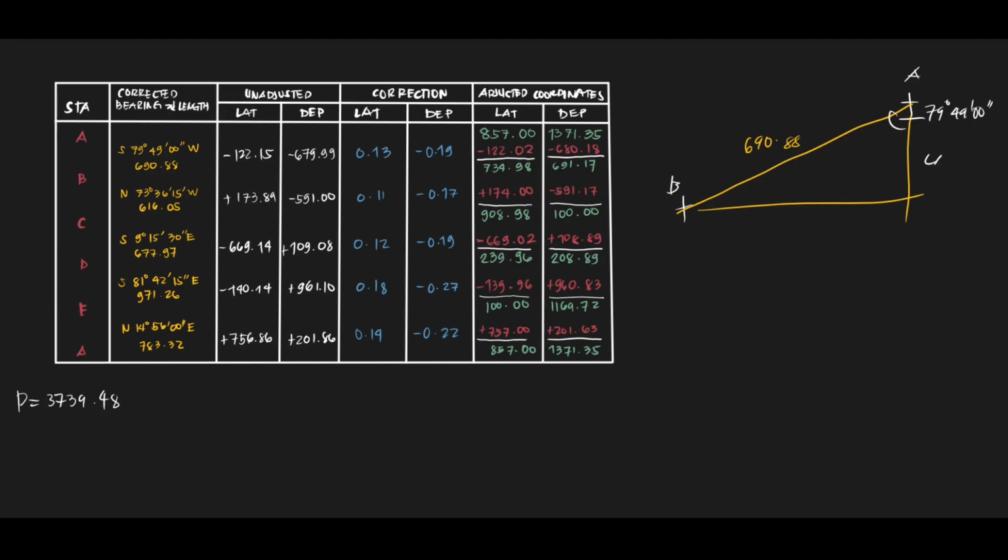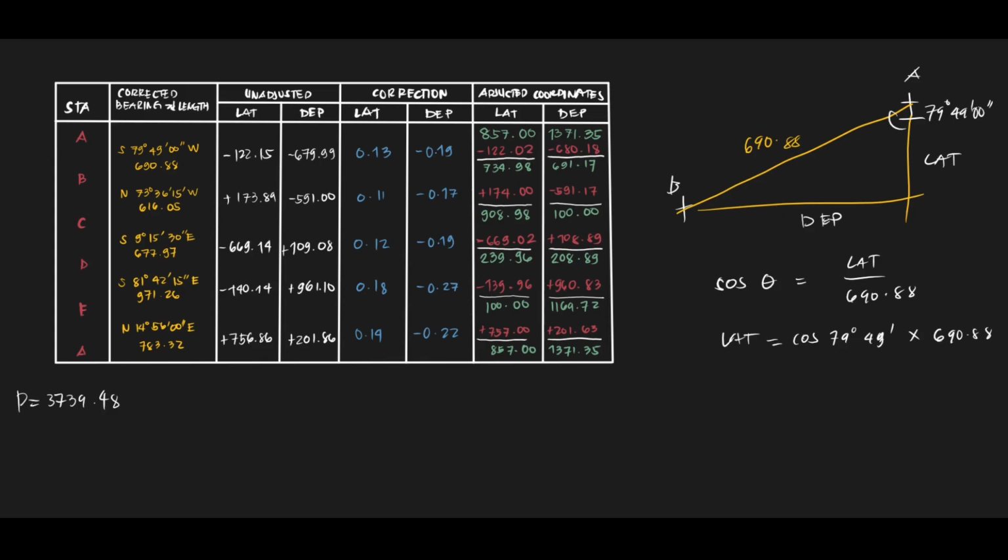So in order to calculate for the latitude and departure, we'll just use SOH CAH TOA. So in order to get the latitude, cosine theta is equal to latitude over hypotenuse, which is 690.88. So latitude, therefore, is equal to cosine 79 degrees, 49 minutes, multiplied by 690.88.